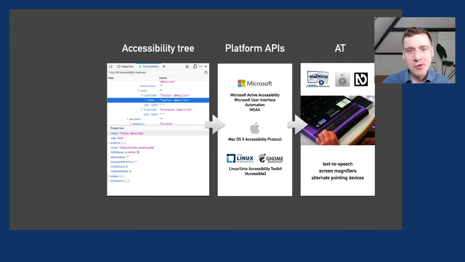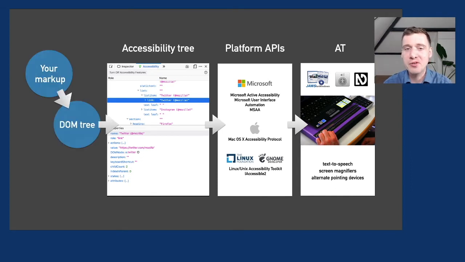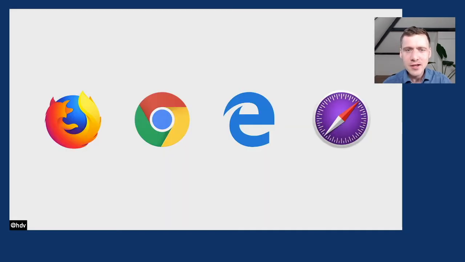Now, as I said before, it is based on the DOM tree, which is itself based on the markup that you send to the browser. So by writing the right markup, we can really influence how well our website is usable with assistive tech. So that's why in this talk, I'll be talking quite a bit about markup, because it is quite important in this process. Now, by now you might be wondering, where can I find the accessibility tree?